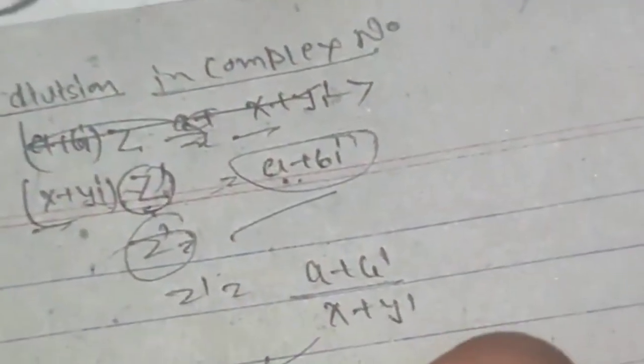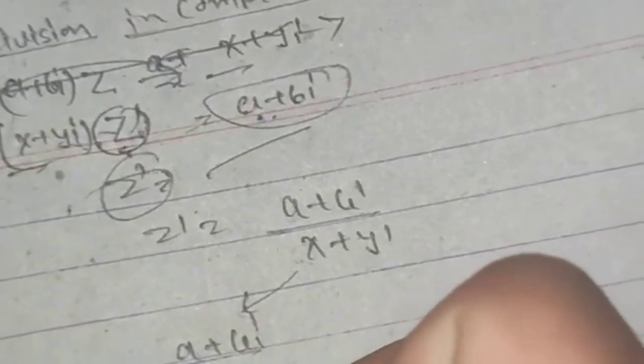Okay, let's prove. This is a plus bi over x plus yi.